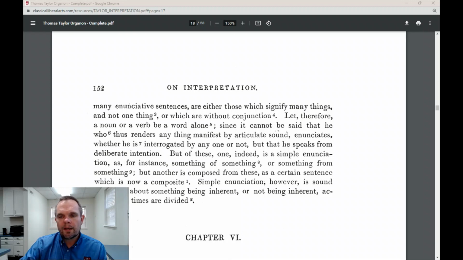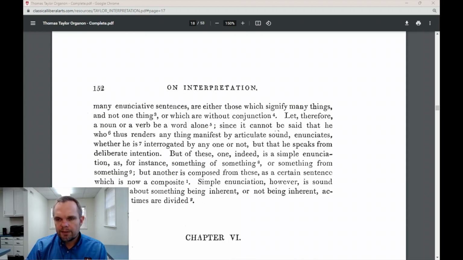Or something from something. That is, the predicate is disconnected or separated from the subject by denying that it's true of the subject. Okay, something of something, affirmation, or from something, which is negation.